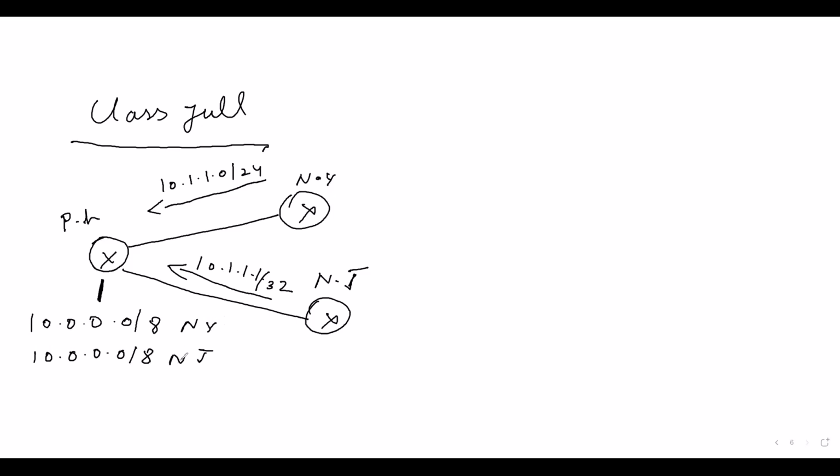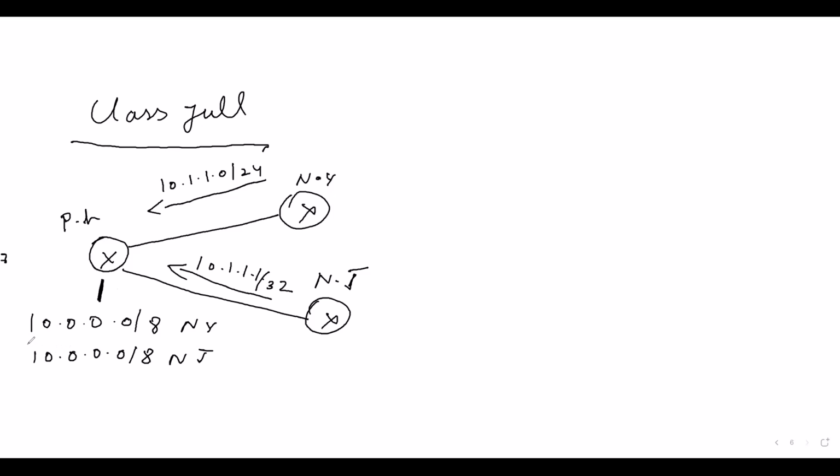Now your router will be confused if someone wants to send data, because the routing table will not show the names New York or New Jersey.